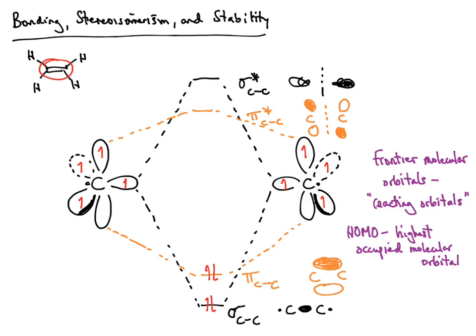And if we look at our molecular orbital description for the molecule ethene, or ethylene, we see that the highest occupied molecular orbital, meaning it has a pair of electrons in it, is the pi CC bond. So the pi CC bond is the HOMO in ethene.